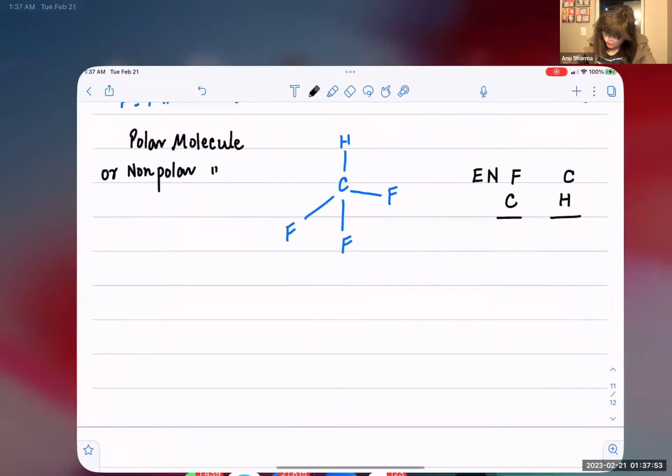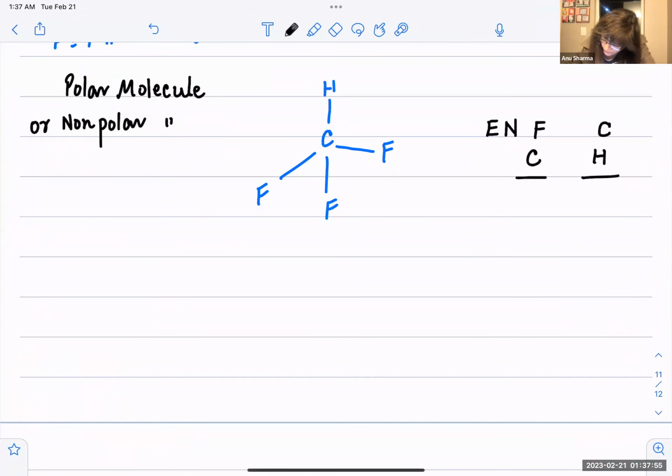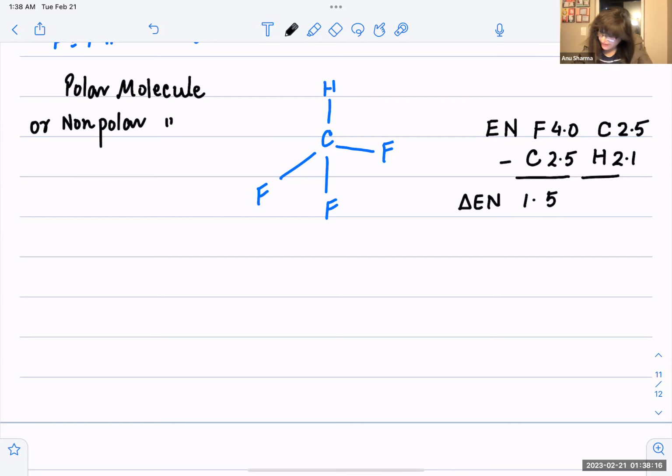So let's write this down. 4.0 and carbon 2.5, 2.1 and 2.5. Okay, subtract. So the difference in electronegativity, 4.0 minus 2.5, 1.5. And here 2.5 minus 2.1, so this is 0.4.